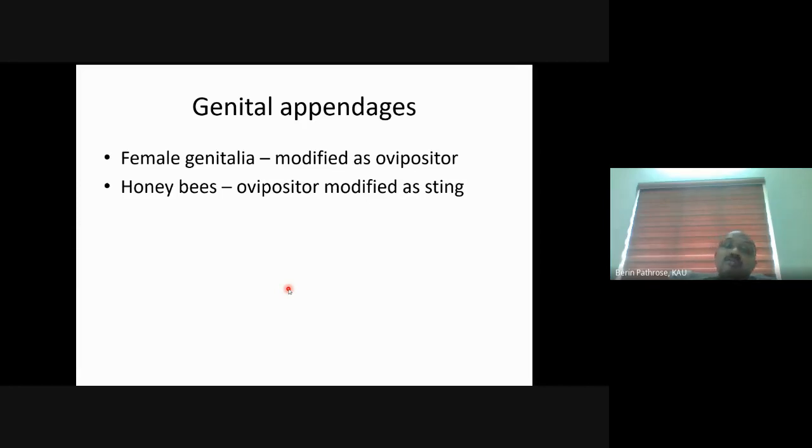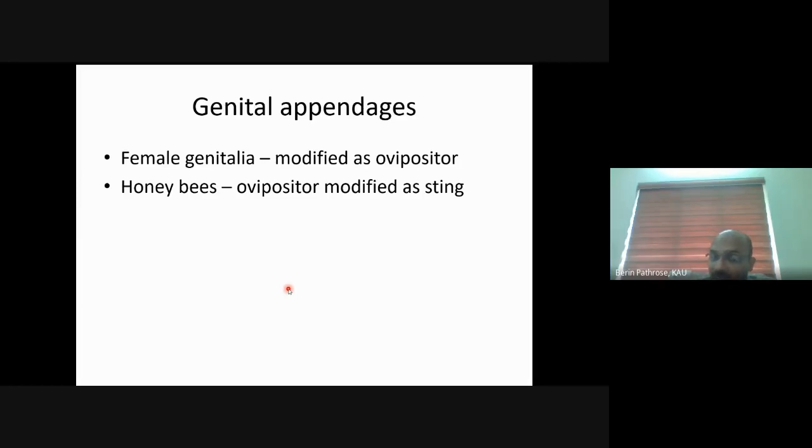Among females, we have fertile females and sterile females. We have only one fertile female in a honeybee colony, and that fertile female we call the queen. The only function of the queen is to lay the eggs. There is a large number of sterile females, and these sterile females don't lay any eggs at all, but their function is to fetch nectar and pollen for the young ones, and also to protect the hive.